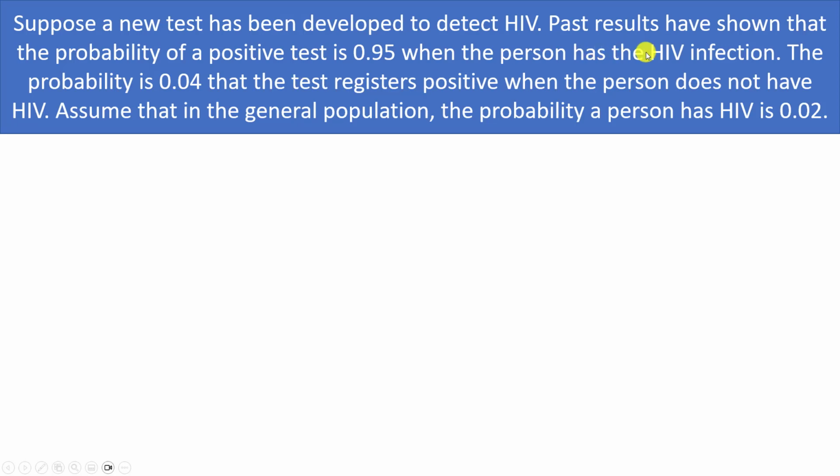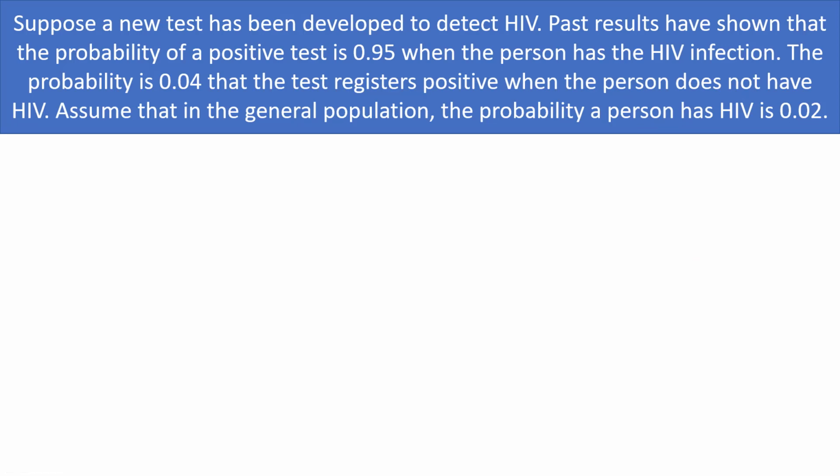So if someone actually does have HIV, there's basically a 95% chance that this test is going to indicate that. The probability is 0.04 that the test registers positive when the person does not have HIV. So even if this person doesn't have HIV, there's a 4% chance that the test mistakenly says that they do. Assume that in the general population, the probability a person has HIV is 0.02.